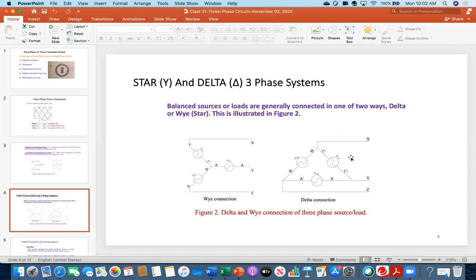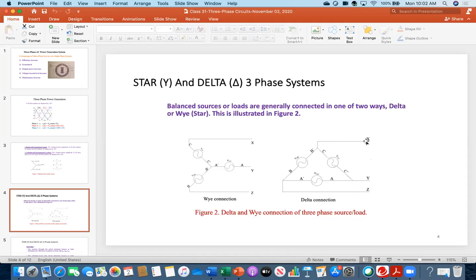Now the rule is that if you get 10 ampere here, everybody see, then you will get root 3 times of that here. So you multiply 10 by root 3, and that current will flow through X or through Y or through Z. That is the meaning. So therefore the rule is that in case of delta connection, line current will be root 3 times the phase current.